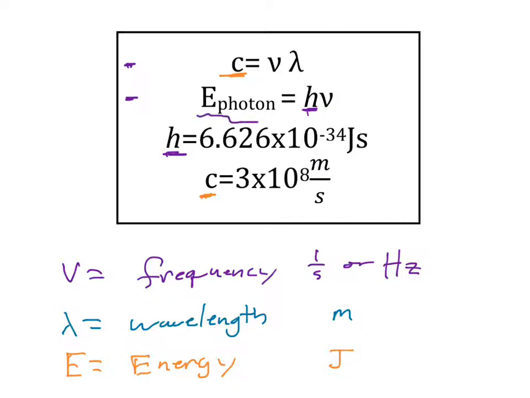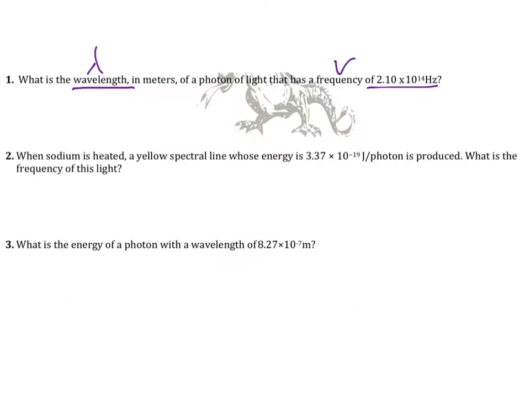Well, this one has our frequency, but it does not have wavelength. However, this one has both of them. So that happens to be the equation that we're going to use to solve this problem: c equals lambda v.